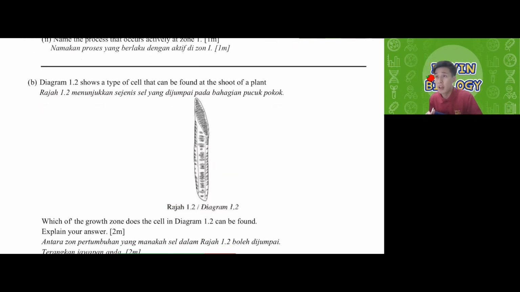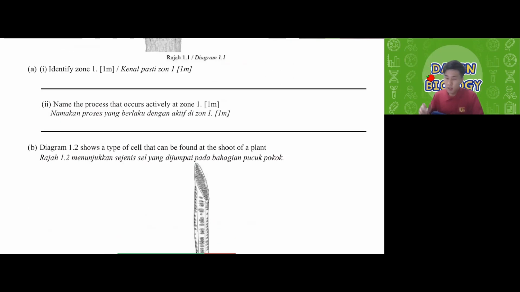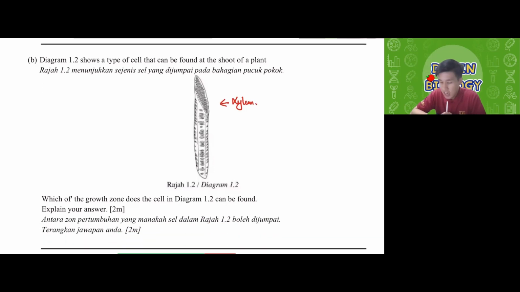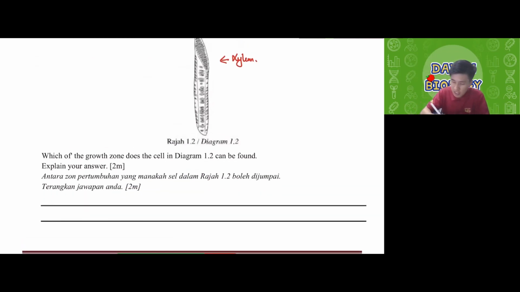But this one is definitely xylem. It's a xylem. Okay, so definitely it is zone 3. So cell differentiation. So explain your answer. Because this is a specialized cell.